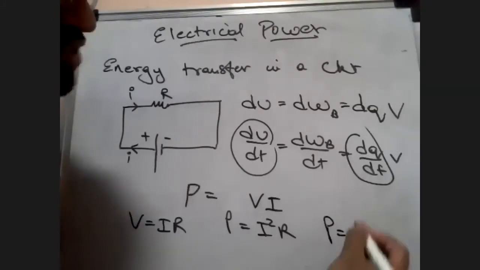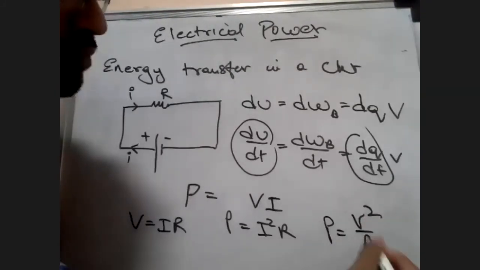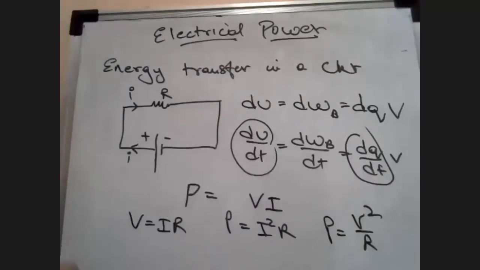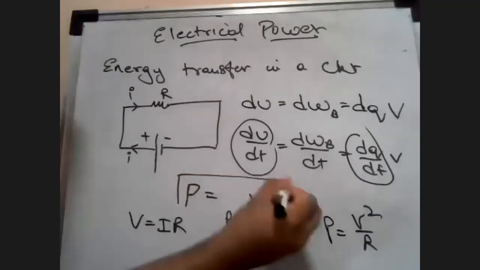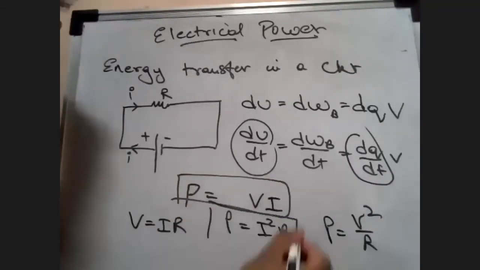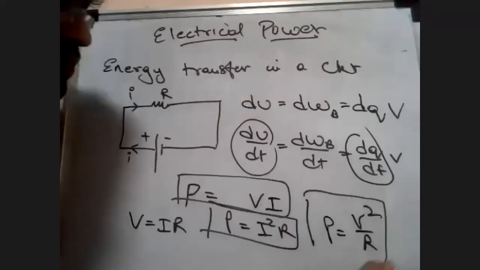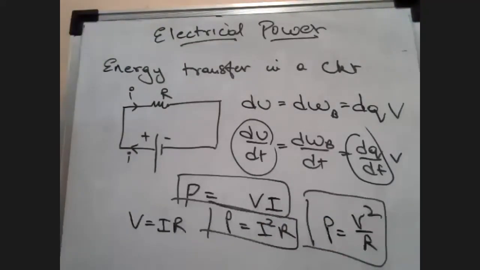P is equal to V square by R. So this is the first equation, second equation, third equation. Has everyone understood this part? Please remember the formulas of power.